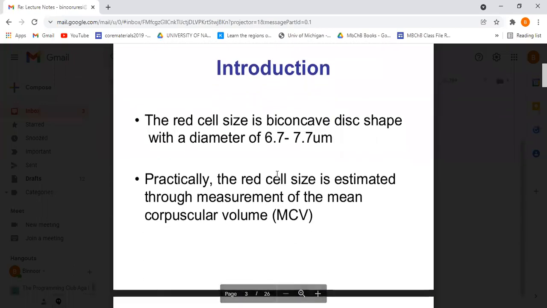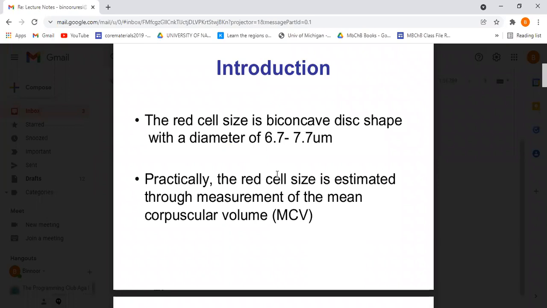When we talk about microcytosis, we are basically talking about the red cell morphology. The red cell is a biconcave, disc-shaped cell with a diameter of between 6.7 and about 7.7 micrometers.